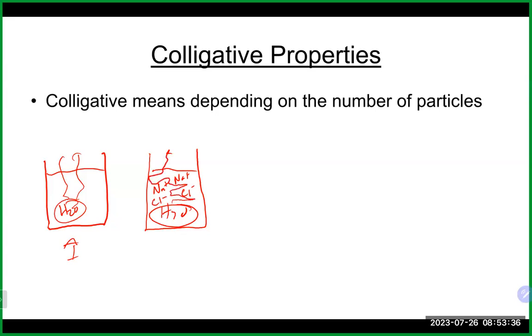And it's going to take a lot more energy to kind of move itself away from all these things so it can escape. What we're going to see is that something like boiling point will actually be elevated. So instead of boiling at a lower temperature, it's going to actually boil at a higher temperature, because it's going to take a lot more energy for it to sort of get itself out there.